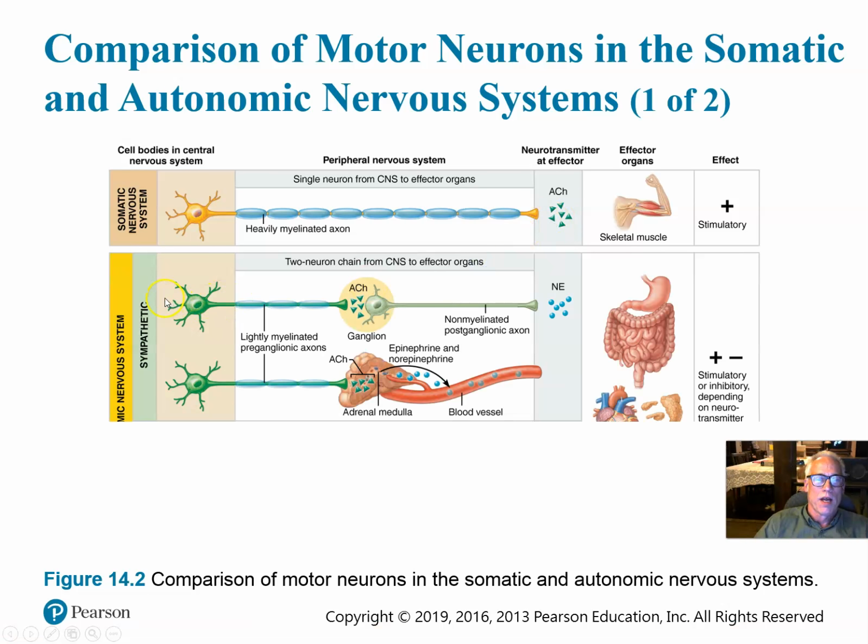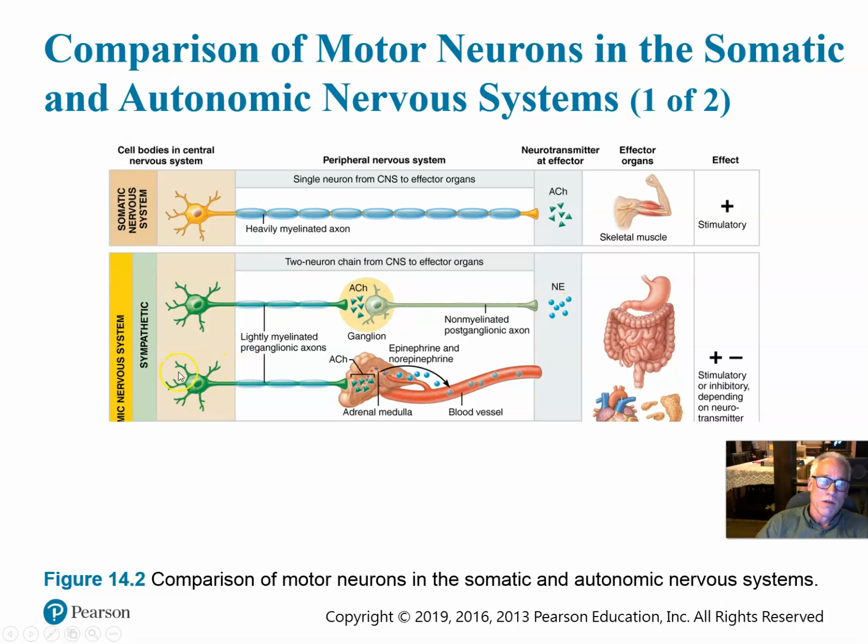The sympathetic preganglionic neurons arise in the lateral horn of the spinal cord, travel to nearby ganglia, and release acetylcholine into the ganglia. This would be a cluster of a whole bunch of postganglionic neuron cell bodies, and the postganglionic neurons travel all the rest of the way to the target organs and release norepinephrine. So that's the general scheme of the sympathetic nervous system.